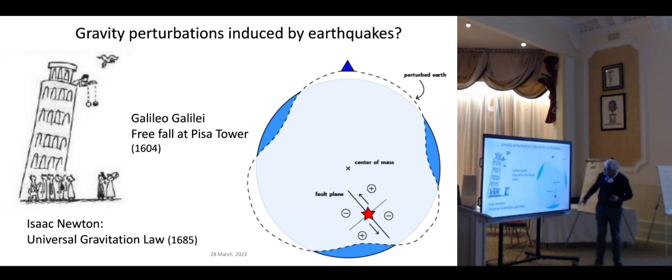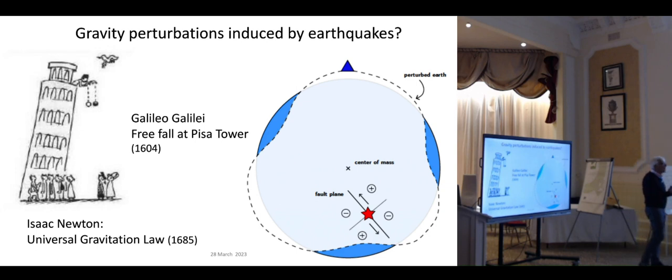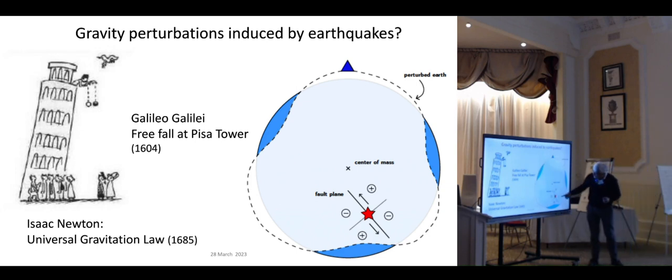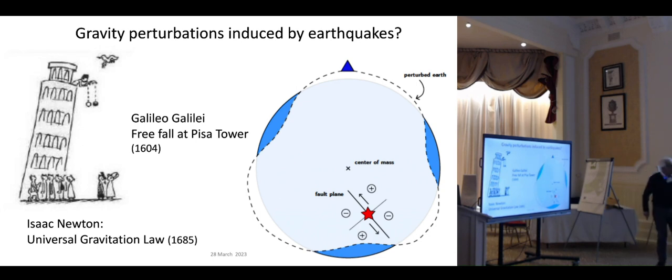So what's going on? When we have an earthquake, we have two blocks, and they move together. So if you have this movement, we have a positive variation in density on this side and on both sides of the fault, and a negative variation of density on the opposite side. So it's a quadrupole, which explains why the effect is so small.